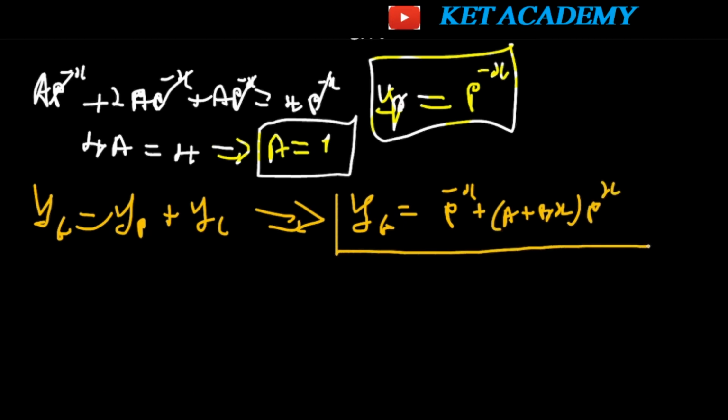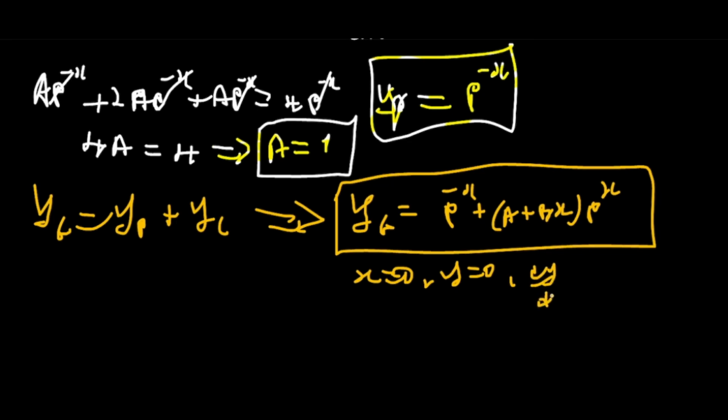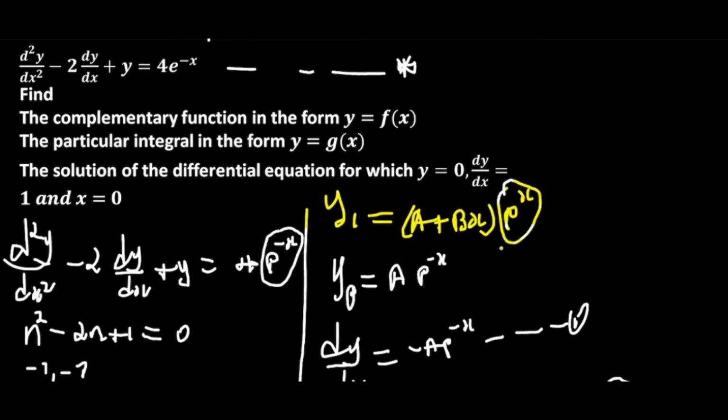So that's our general solution, but we were given the conditions: x was 0, y was 0, and dy over dx was 1. Those are the conditions there.